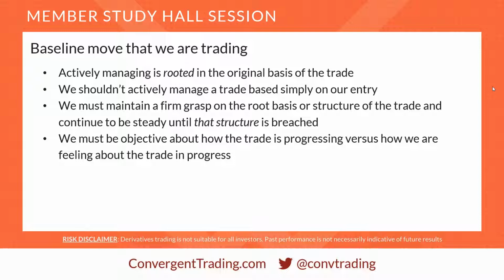Half the time they don't even know where they entered precisely. They know it's in some region, but they're basing it on the fact that maybe we went below yesterday's low and then we pushed higher and then we pulled back, they got in, and that's how they're trading, which requires you to use wider stops, which requires you to stay very, very objective about the structure of the trade versus your entry.